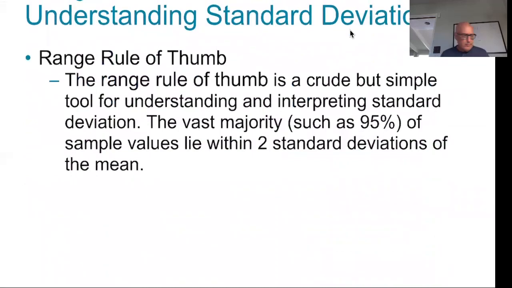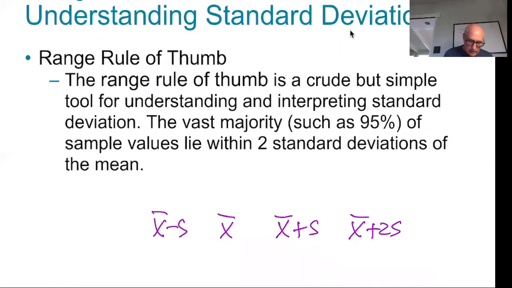Okay. We're going to use this today, where basically it says that if you have a mean here and you go out 1 standard deviation, add 1, go out 2 standard deviations, add 2 of them, go the other way, subtract 1 standard deviation, subtract 2 standard deviations.